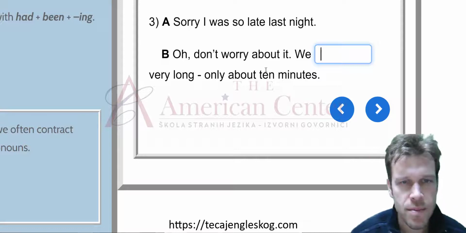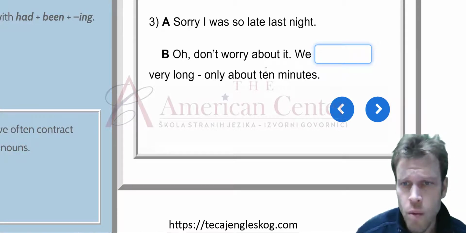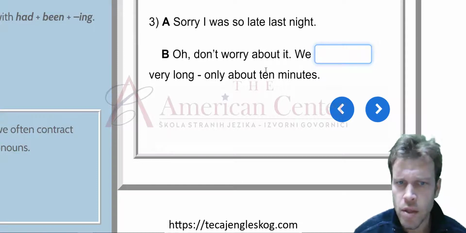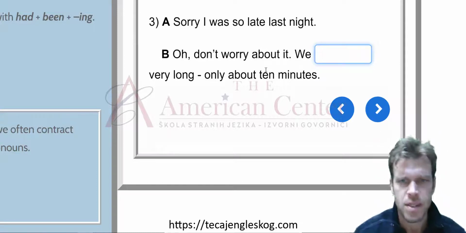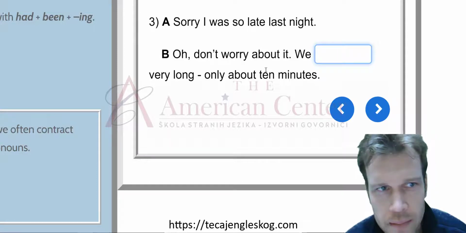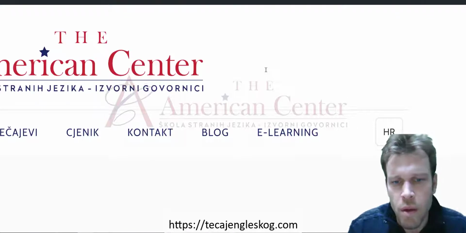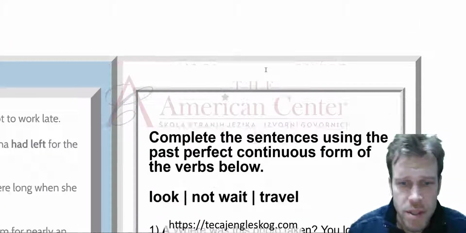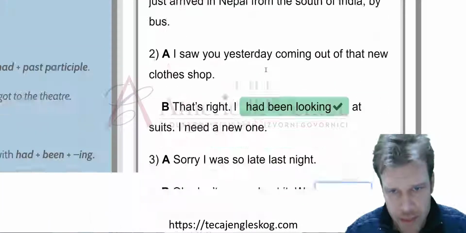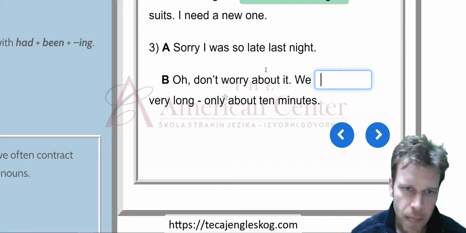Sorry, I was so late last night. Oh, don't worry about it. We blank very long time, only about 10 minutes. Now here, there's only one more choice that we have, so we know it's not wait. What do you think it is?